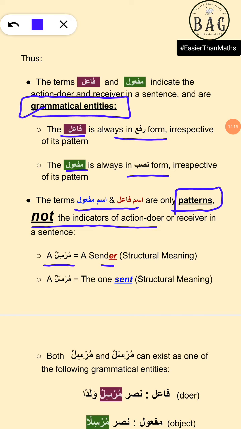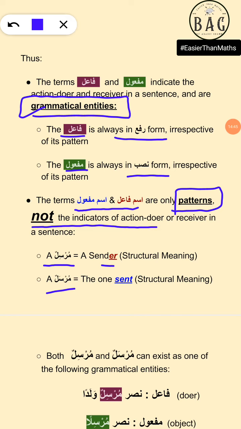In mursilun it is rafa, so it can be a fa'il. In mursilan it is nasab, therefore it can be labeled as a maf'ul. In the same case, mursalun is the pattern for an ism maf'ul, but it can be used as a fa'il as well as a maf'ul in a sentence, because those are the grammatical entities.